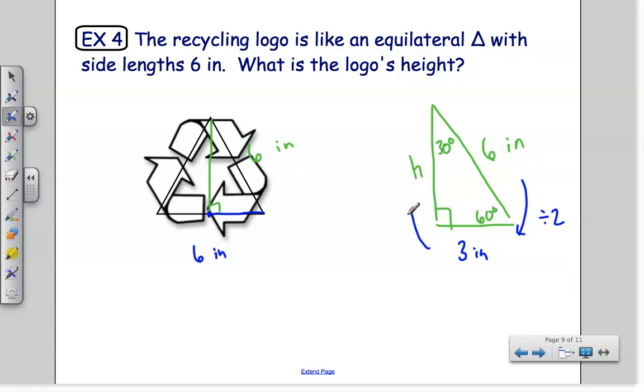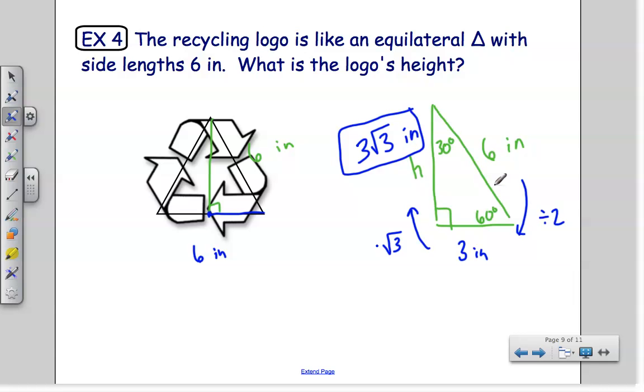And now, from short leg to long leg, you should remember that you multiply by a square root, in this case square root of 3, remembering there's 3 different sides, 3 different angles, or a 30-degree angle, so therefore the height is the 3 inches of the short leg times square root of 3. And this would also be in inches, like all the other measurements in this case.